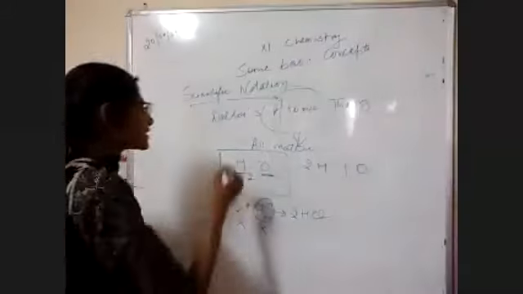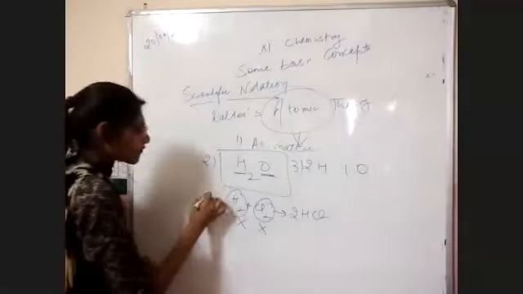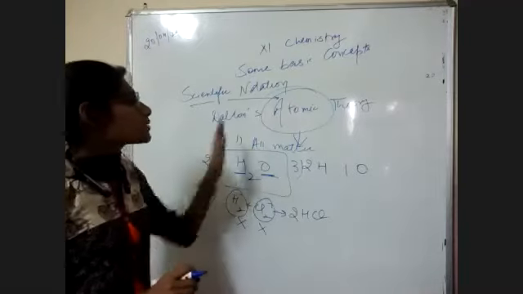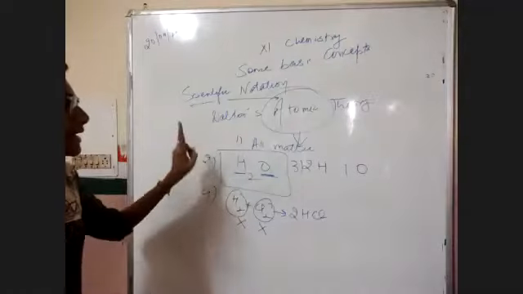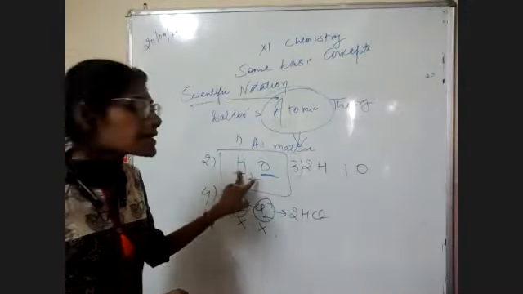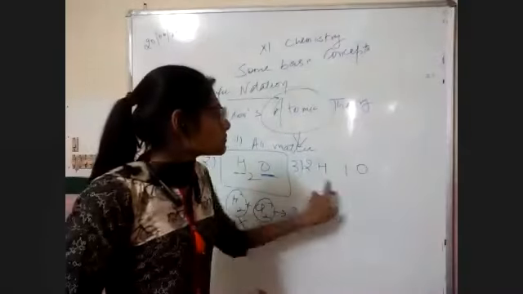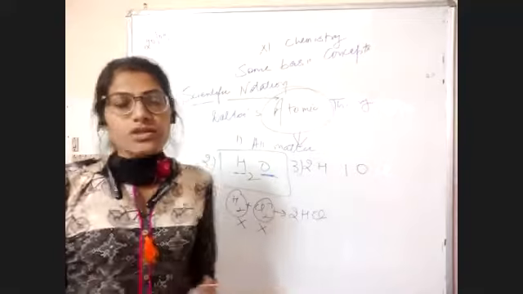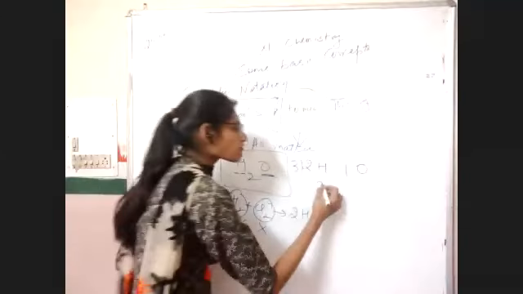Okay, so these first, second, third, and fourth postulates were defined by Dalton. First, all matter is made up of atoms. Secondly, a compound can only form if these atoms are combined in a fixed ratio.